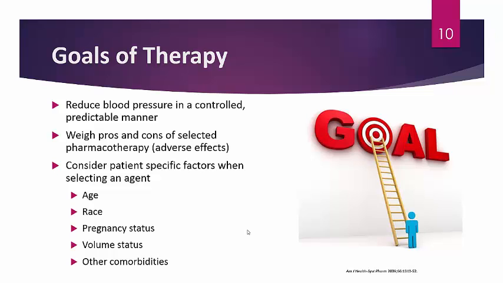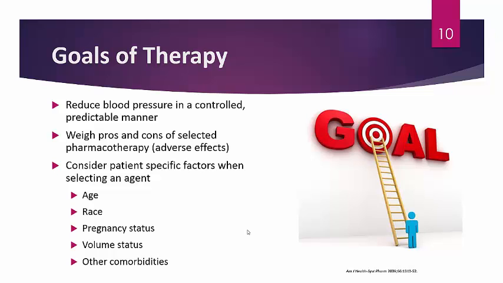In addition, we want to consider other patient-specific factors when selecting an agent, and this can include patient's race, age, pregnancy status, volume status, and other comorbidities. Age might be a concern because some of these agents may cause drowsiness or may be on the Beers criteria and have concerns related to age-specific pharmacokinetics and pharmacodynamics.